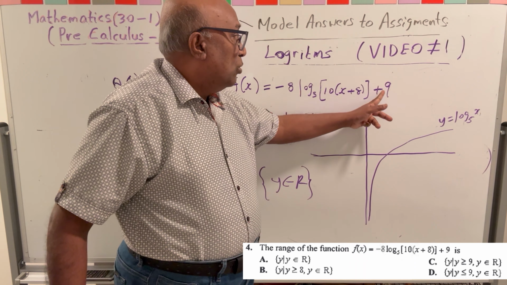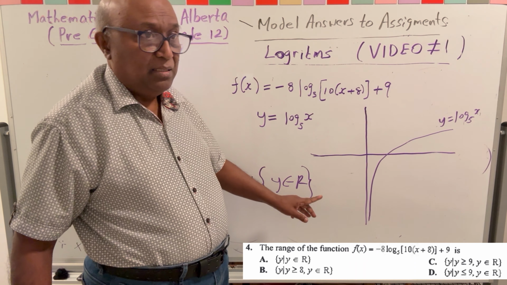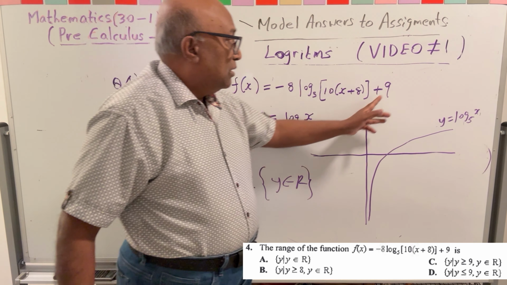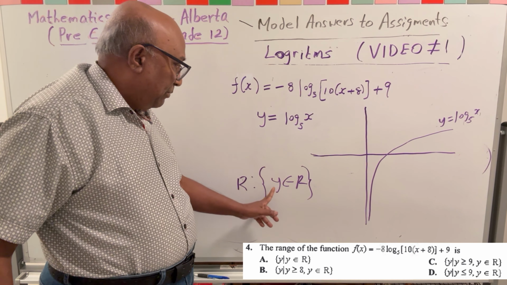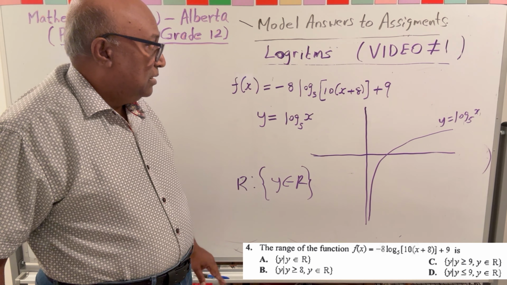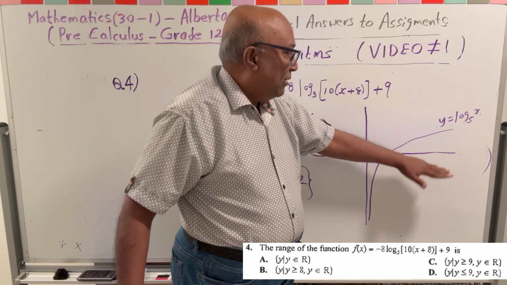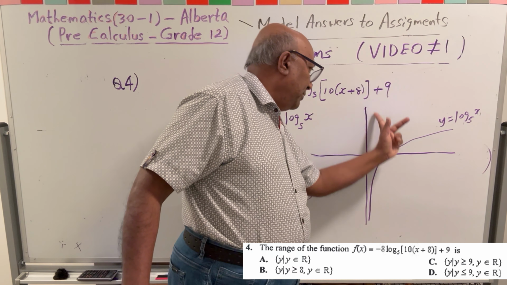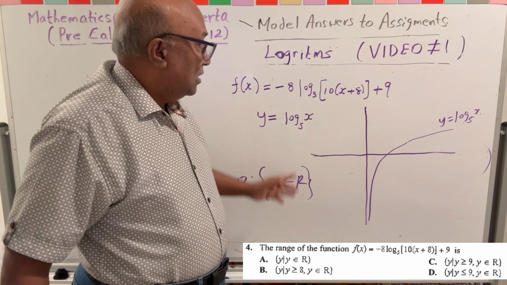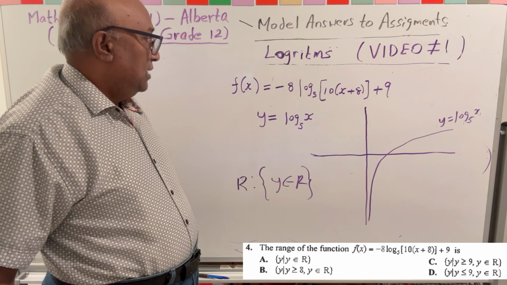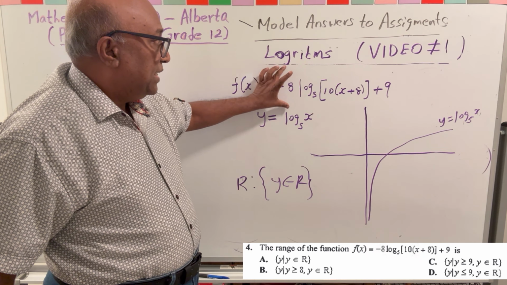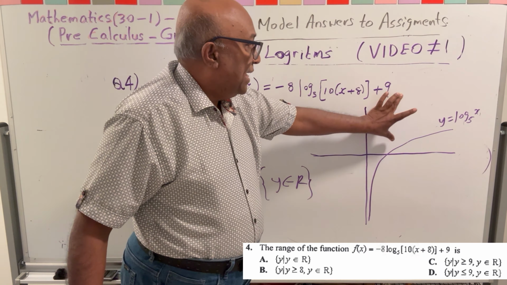After performing all these transformations, they do not impact the range, because this graph is reflected about the x-axis. That means the graph is flipping like this. Graph is moving 8 units left. There is a stretch factor 8. Moving 9 units up.